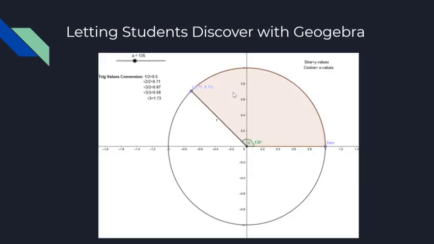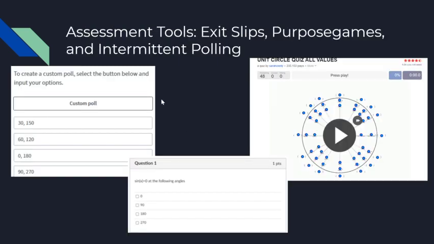For example, in this first day where I asked the students to find sine and cosine values using this GeoGebra tool, I might have a poll and say, tell me what are the two angles where sine of x equals 1/2? What are the two angles where cosine of x is square root of 2 over 2?